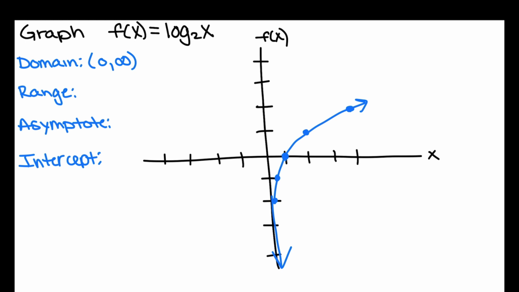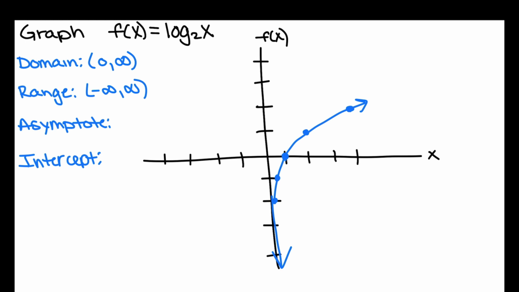So logarithms have domains of positive numbers. So we can only take the log of a positive number, whereas the range is actually all real numbers. The graph goes down forever and up forever. This means the outputs we get for logarithms could be positive or negative or 0.